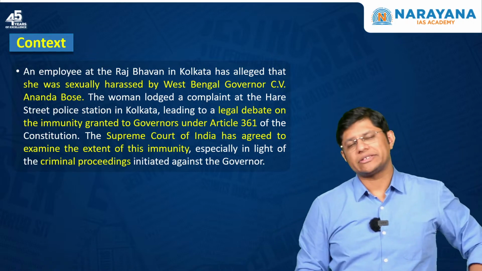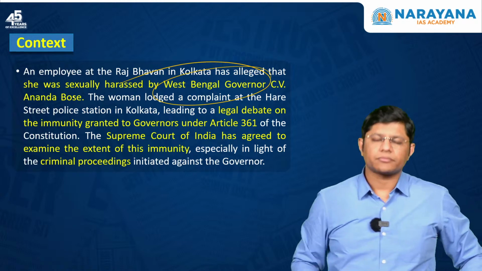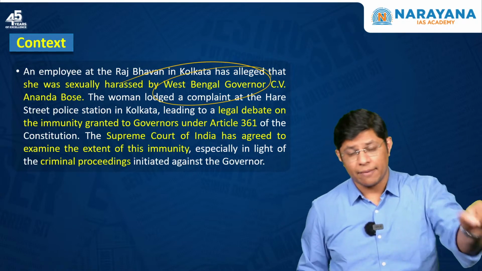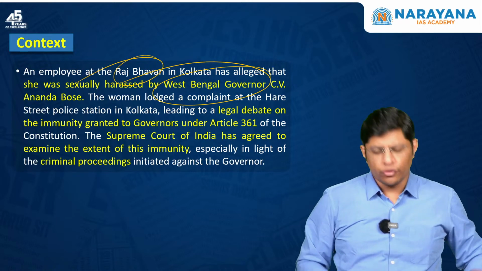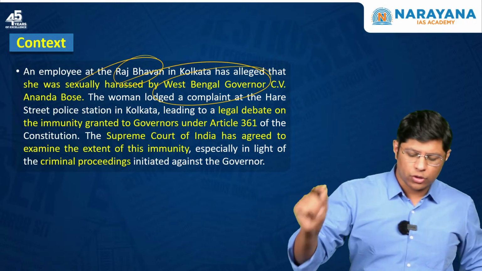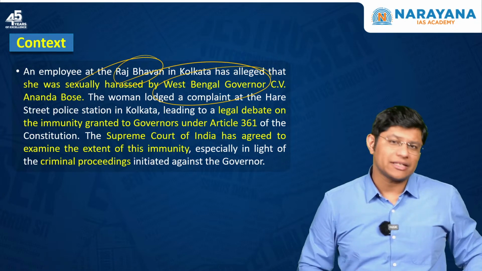What is the context? The West Bengal governor has been accused of sexually harassing an employee of the Raj Bhavan. The woman filed a sexual harassment case against the West Bengal governor. Ideally, the governor should be arrested, right?